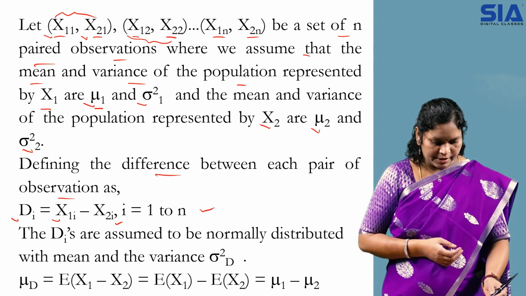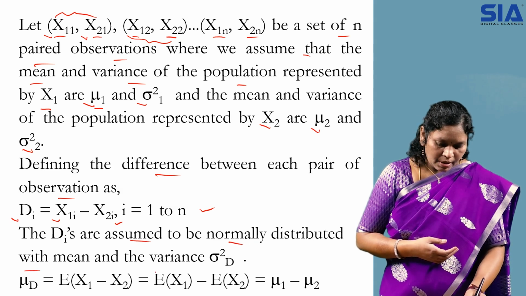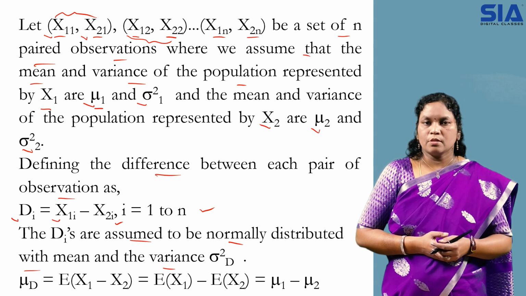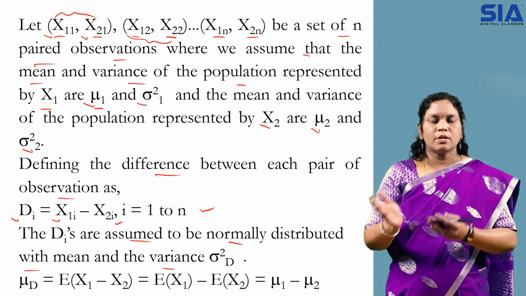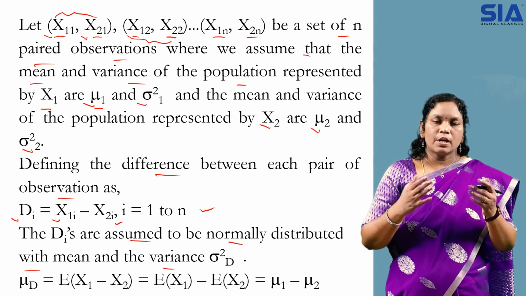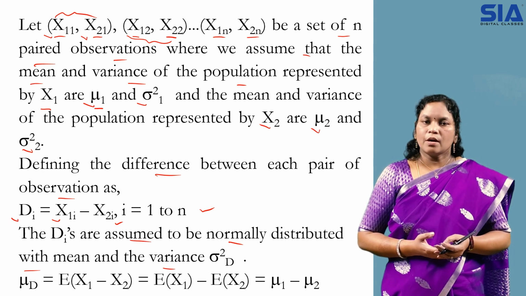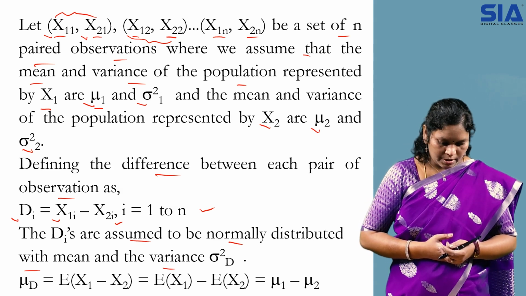Next, the di's are assumed to be normally distributed with some mean and variance. That comes from the fact that the di values are also derived from one normal population, because the x1 set and x2 set are drawn from normal populations, so di also comes from a normal population.